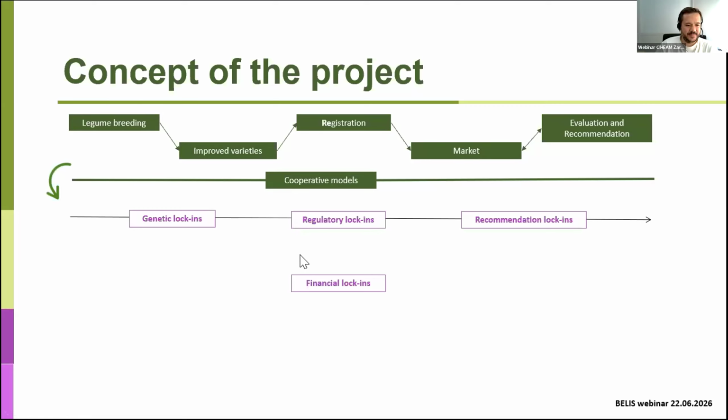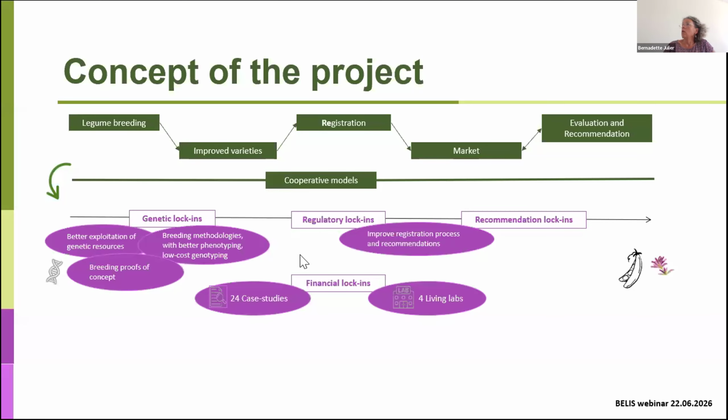So we have identified a number of lock-ins, at different steps. First at the genetic step, then on the regulatory events and on the recommendation also, and of course there are a number of financial lock-ins with little support to legume breeding. So we will try to progress on these different aspects.